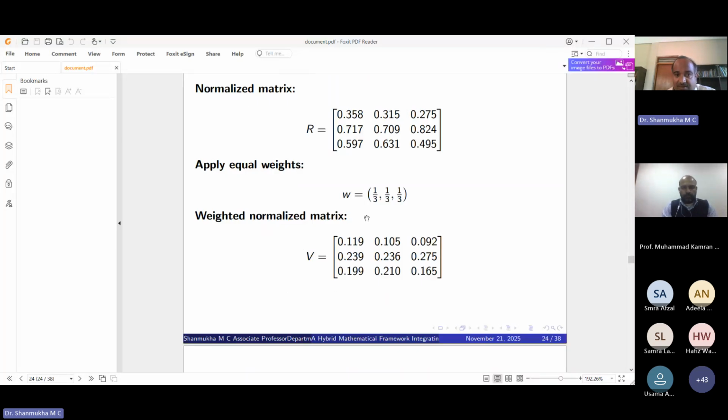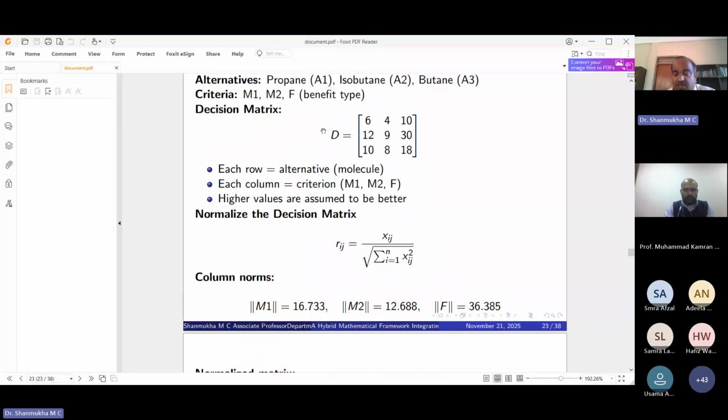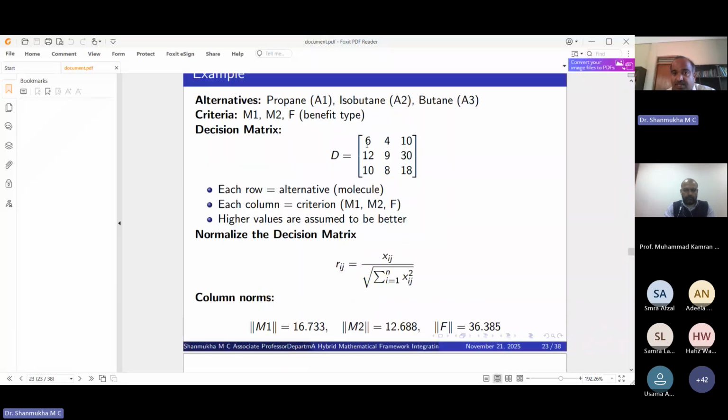So here, first in the TOPSIS method, normalize the decision matrix. Here the decision matrix values are obtained from the topological indices: first Zagreb index, second Zagreb index, and forgotten topological index, for the structures propane, isobutane, and butane.